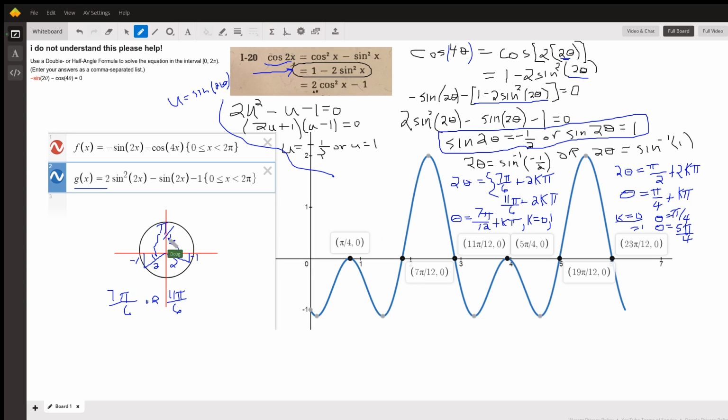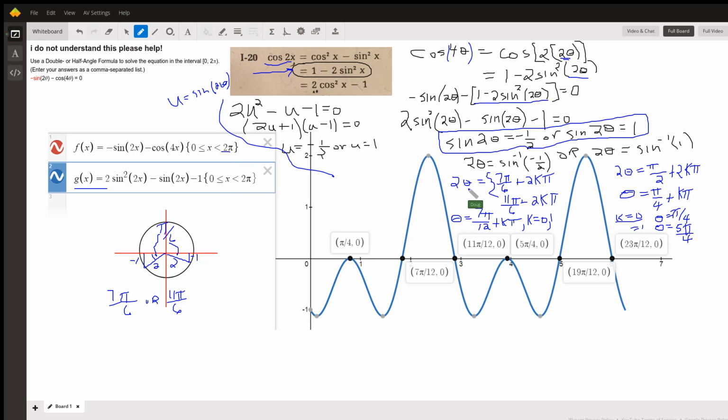But we can keep going. Sine function is periodic, so it repeats every 2 pi radians. So here we normally would say 7 pi over 6 plus 2k pi, k any integer. We won't be letting k equal any integer. We just want to let k increase until we're outside the interval from 0 to 2 pi.